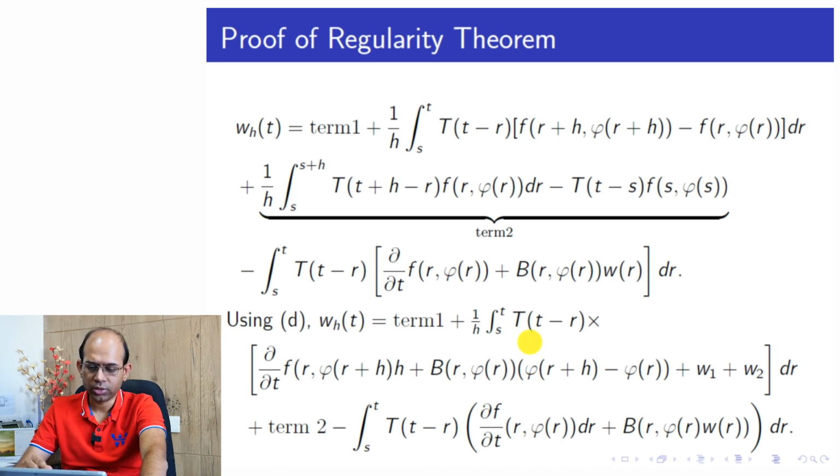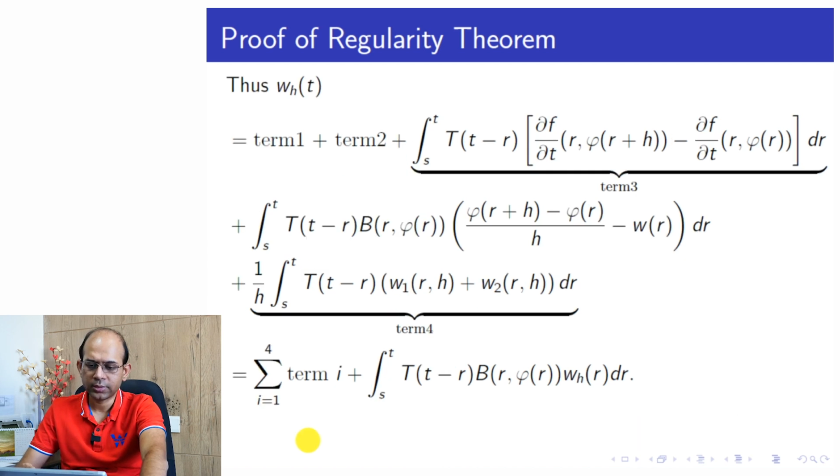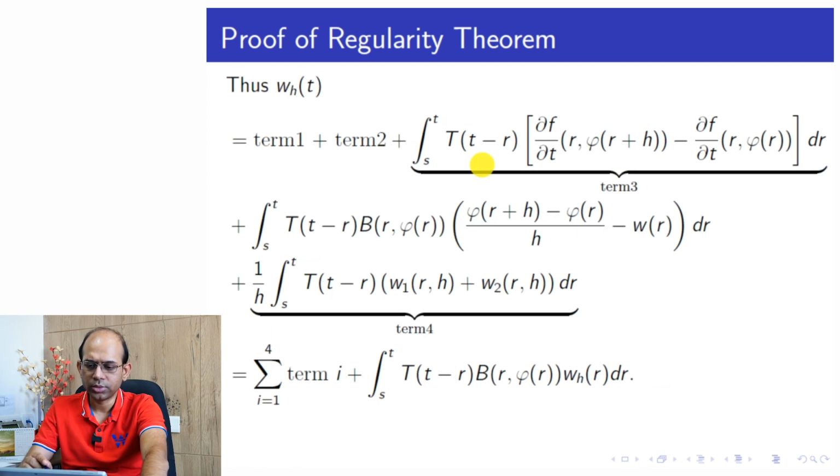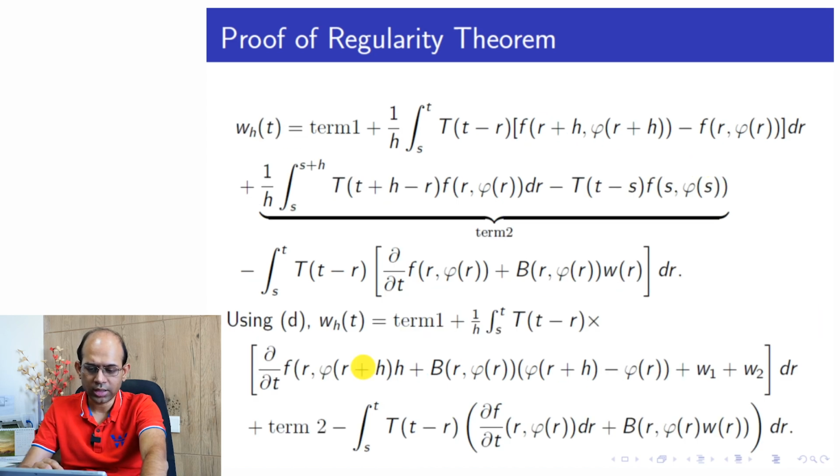There we are going to write term 1 plus term 2, plus this additional term here: integration s to t, capital T of t minus r, del f del t, minus, as I told, this term and this term should be compared, so del t f of r comma phi r plus h, whereas we have r comma phi r here.